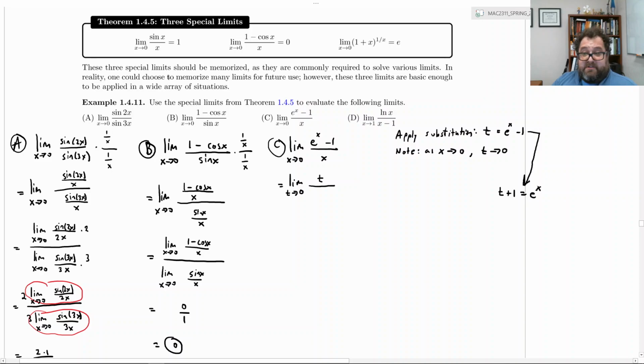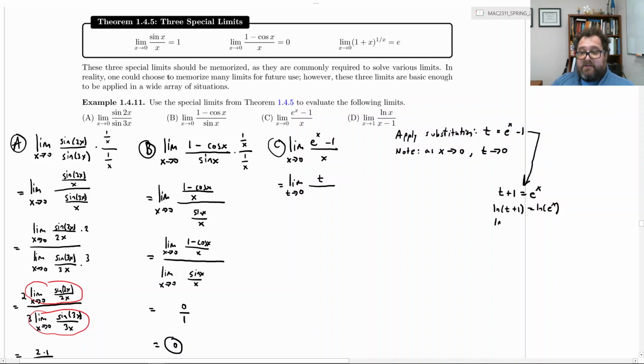Well, if you remember from college algebra or your pre-calc, the way you solve this for x is by taking the natural log of both sides. And now hopefully this rings a bell that natural log of e to the x is simply equal to x, because natural log and e to the x are each other's inverse functions.